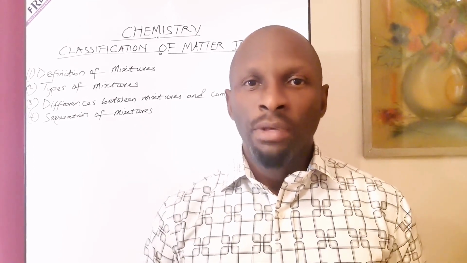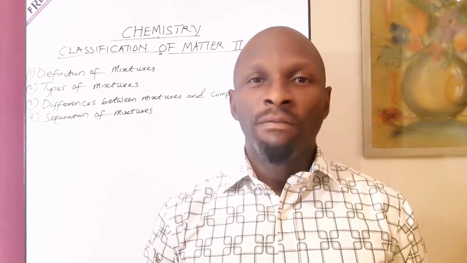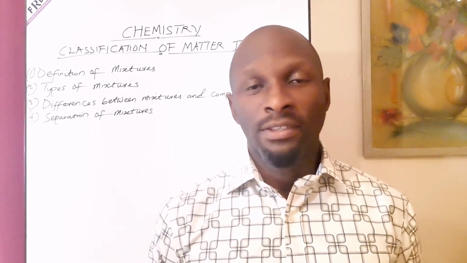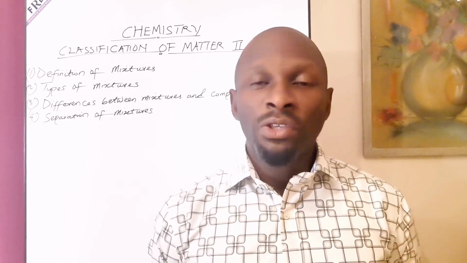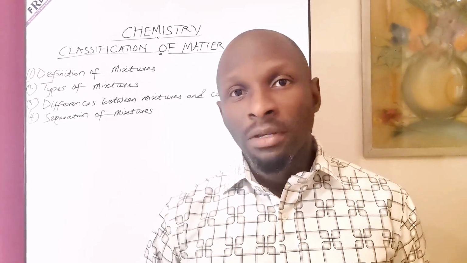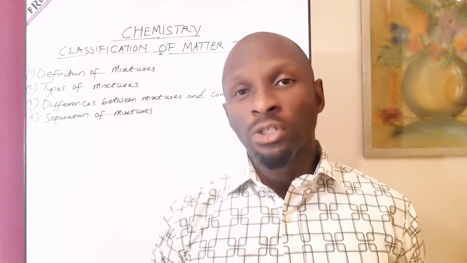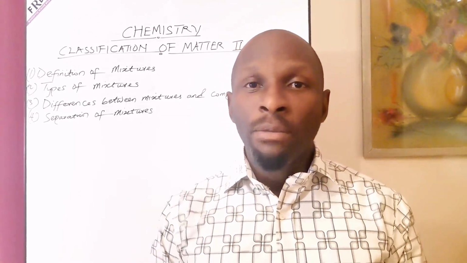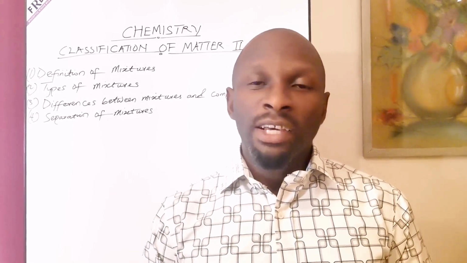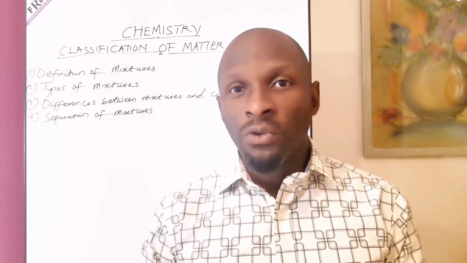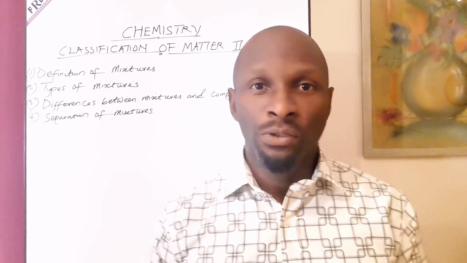A mixture is basically the product of the physical combination of two or more substances. That is, when you bring substance A and mix it with substance B without a chemical reaction taking place between them, what you have is a mixture. But if there's a chemical reaction involved, then it is not a mixture, rather it is a compound.